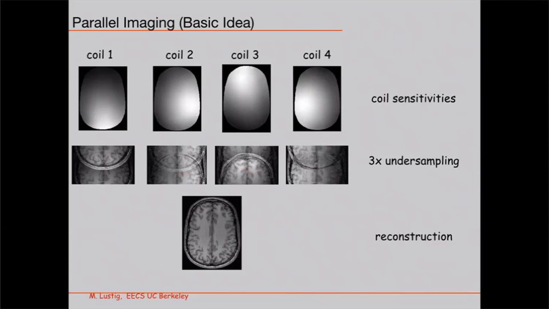But the folding in each one of them is different. Effectively, in this case, 3 pixels overlap on top of each other at every single point. And in this place, 3 pixels overlap with each other, but they overlap differently because they're weighted differently. In this case, again, weighted differently.